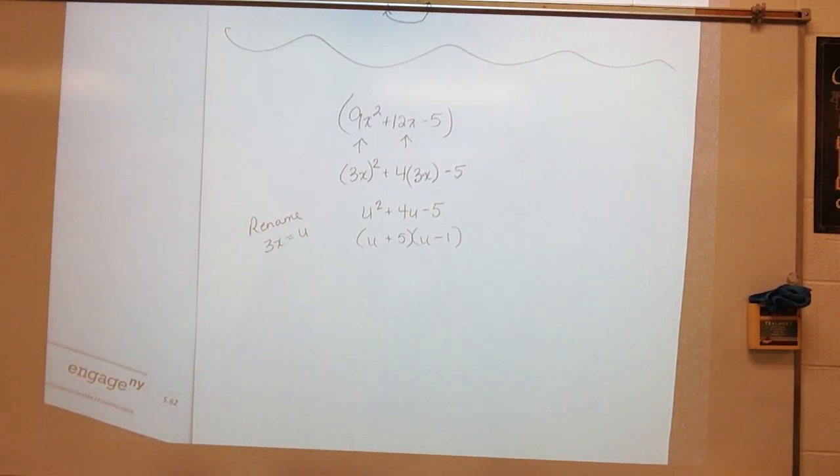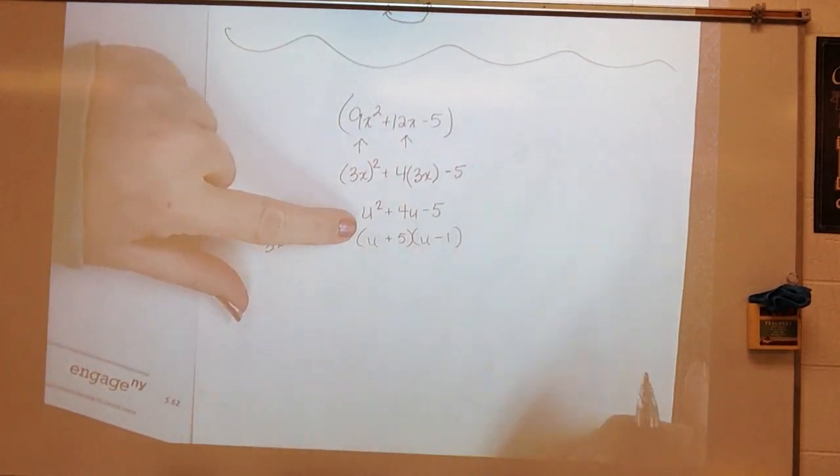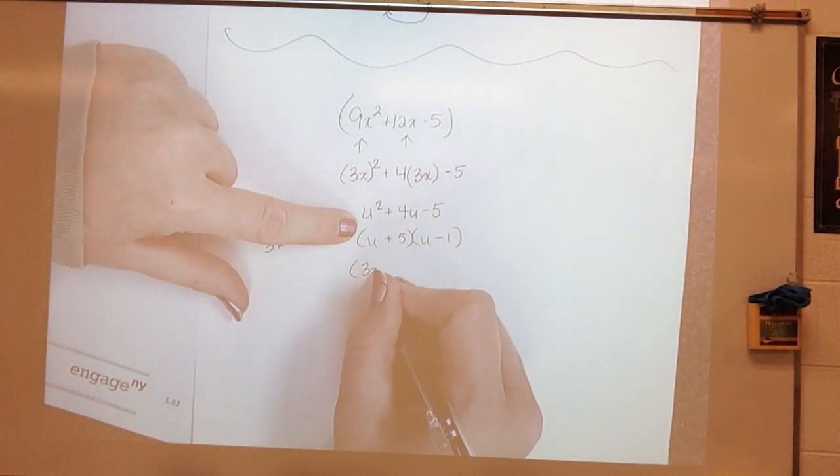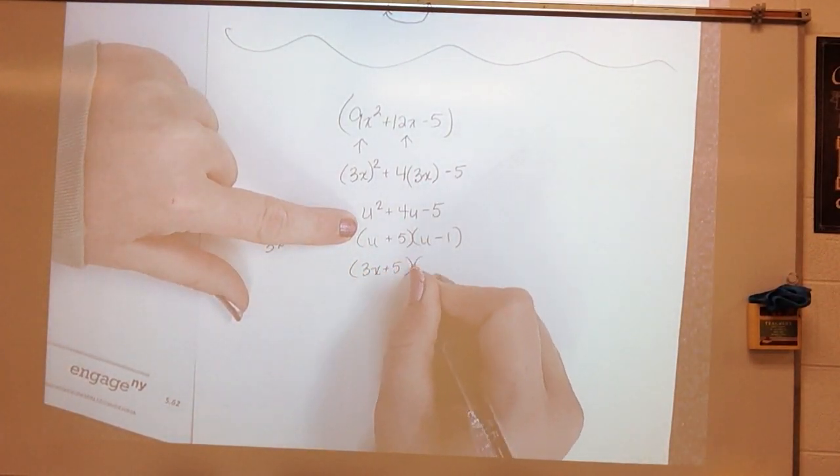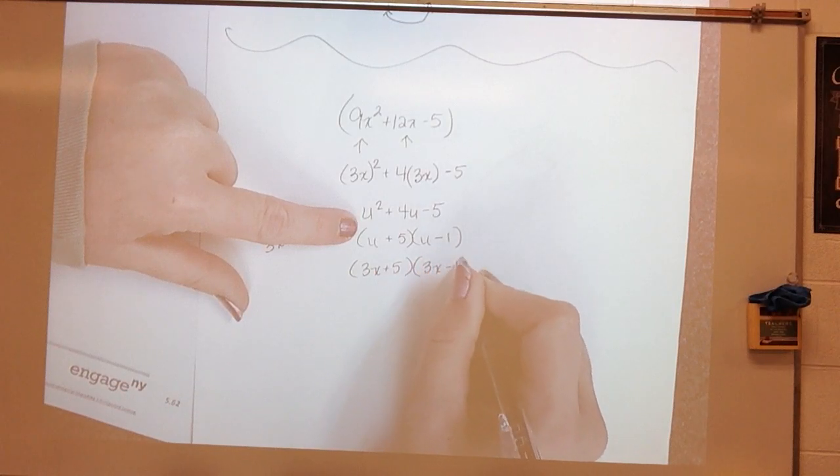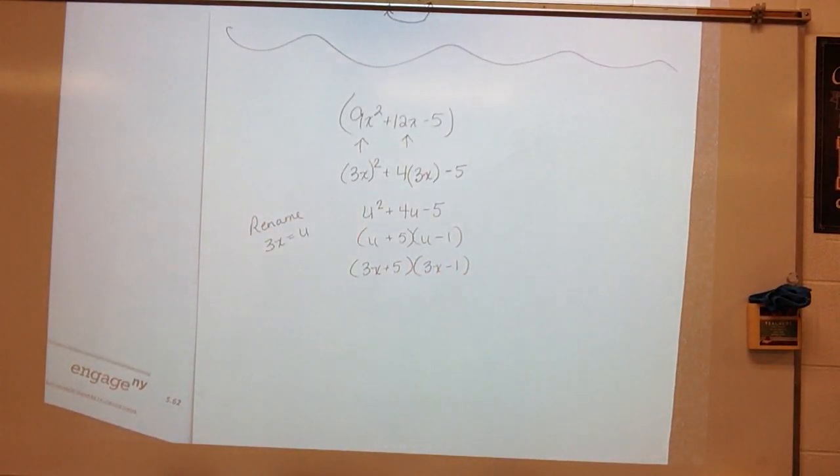So now, we were able to factor this. So by replacing u with 3x, let's look at our factors. 3x plus 5, 3x minus 1. So now I can factor this, and it does not require me to do a bunch of extra work.